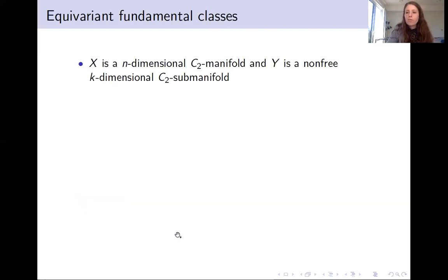Let me tell you how this goes in general. Let's say X is an n-dimensional C2 manifold, and Y is a non-free k-dimensional C2 submanifold, so it is sent back to itself under the action. Then we would want to say we get a fundamental class for Y in the cohomology of X. The topological dimension should be n minus k, and then we need to figure out what the weight is.